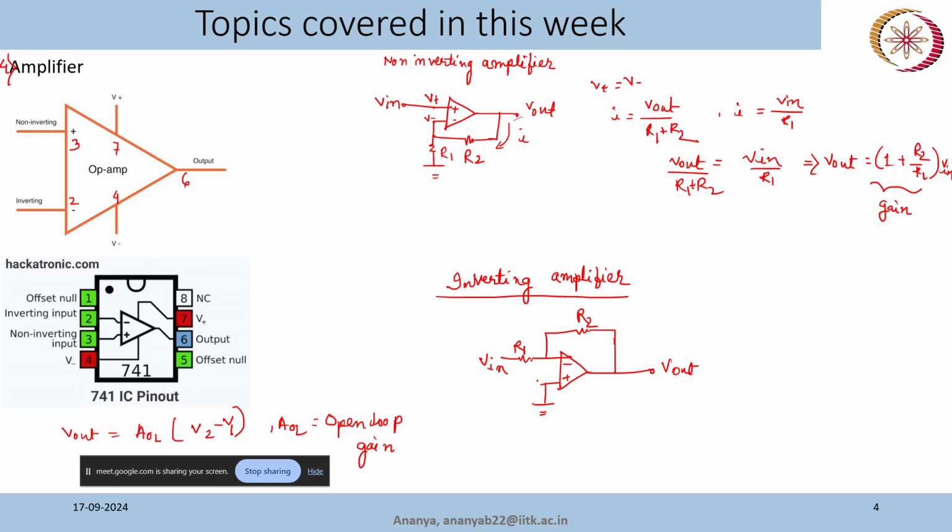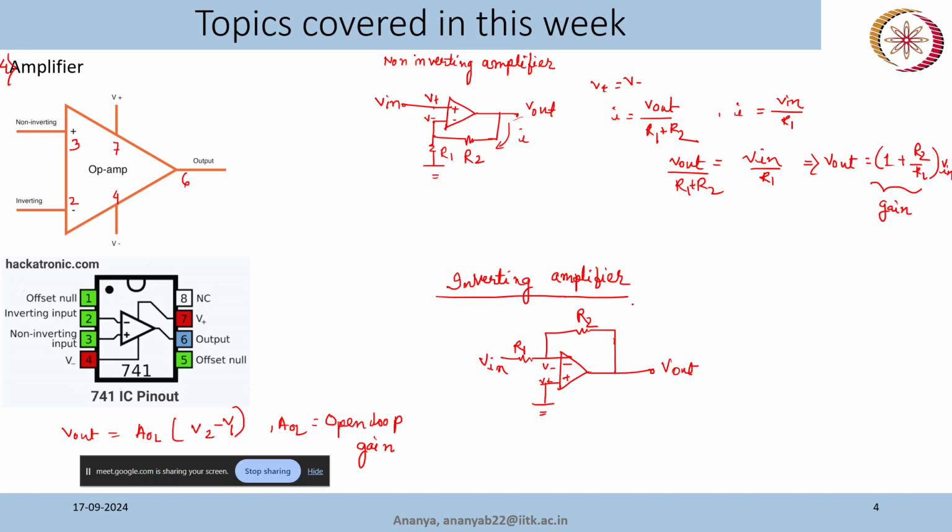Again, this is V plus, this is V minus, and we consider that the op-amp input impedance is very high, that means it does not draw any current, and the inverting terminal and non-inverting terminal potentials are the same. So V minus is equal to V plus. Here V plus is 0, so V minus is also 0.